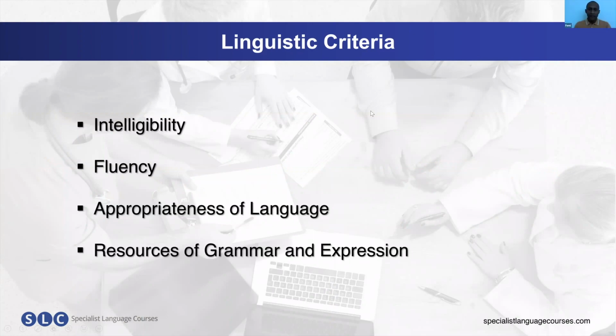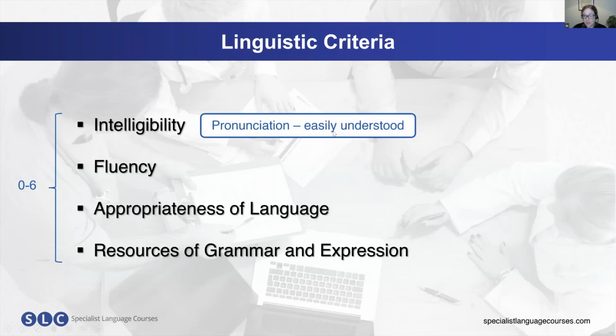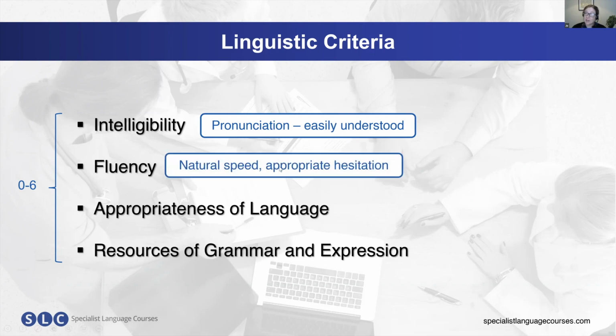Now, what that basically means is you're easily understood, so you need to speak clearly. Fluency: natural speed and appropriate hesitation. So you can have some hesitation, just as long as it's not causing a breakdown in communication.